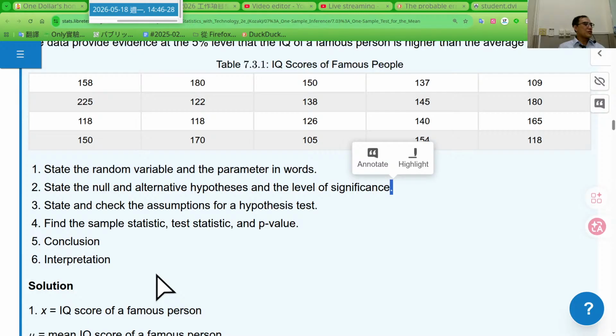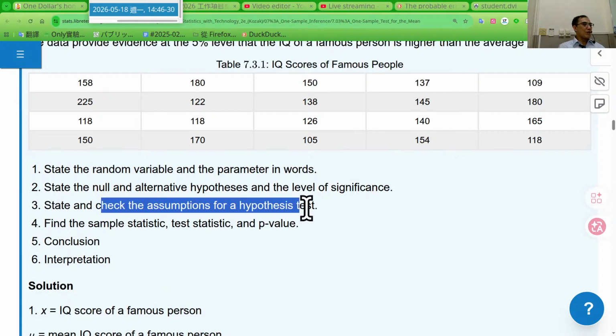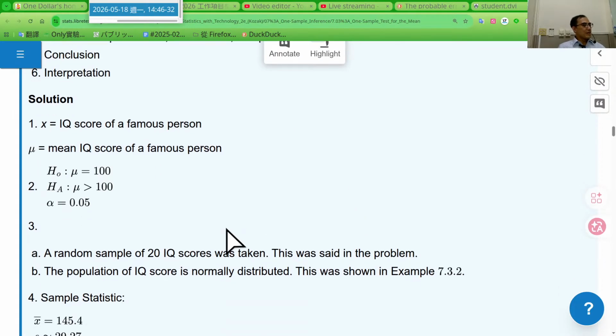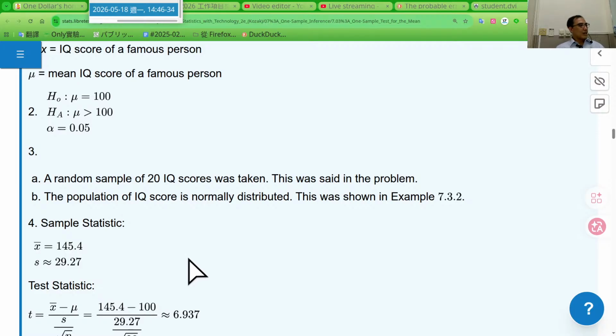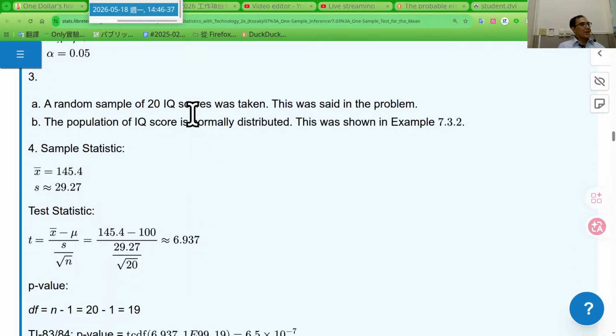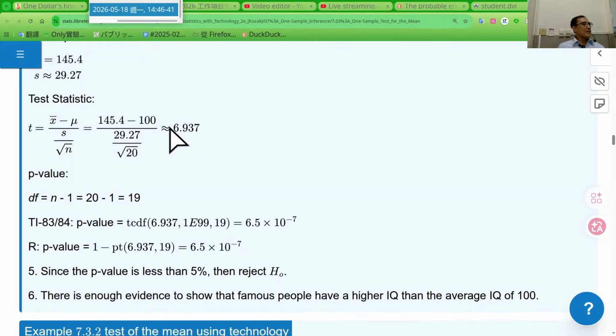Okay, now we can set and check the assumptions of a hypothesis test. Okay, looks okay. And the t-score is 6.937, and we checked the degree of freedom and we found one thing. The t critical value at the level 0.05 is smaller than 6.9.